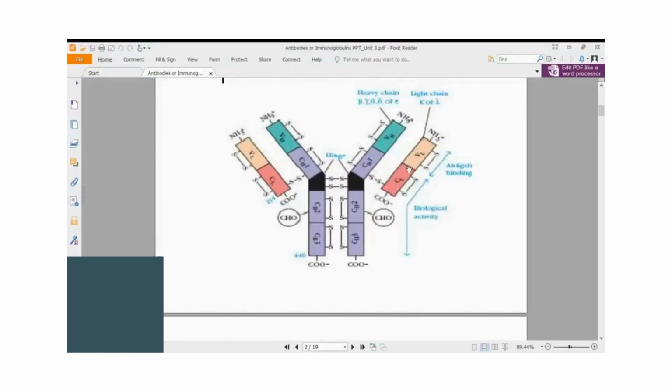Now, why this discrepancy or why this partiality? We'll see it when we talk about the antibody gene. That time you'll come to know why kappa chain is chosen very often compared to the lambda chain.